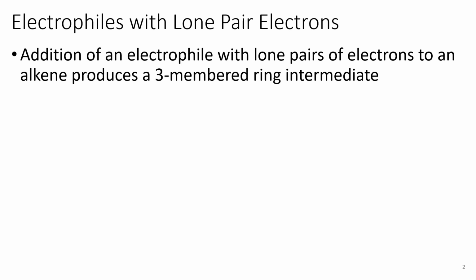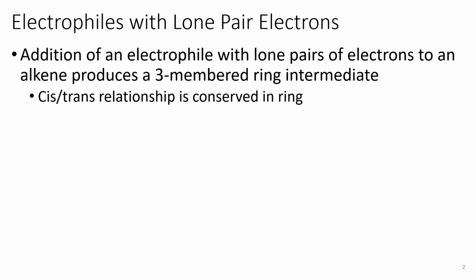So first off, with the electrophiles that we add through this addition to the nonpolar pi bond, if that electrophile has lone pairs of electrons on it, the intermediate that we end up producing is a three-membered ring instead of the carbocation. The stereochemistry we have within the alkene is going to be preserved in the ring.